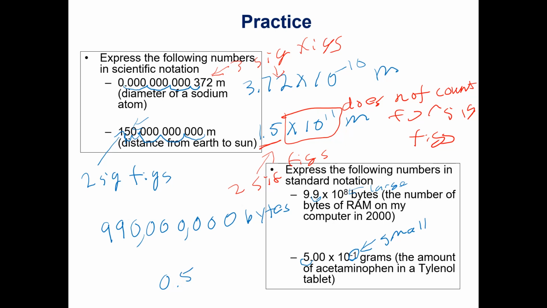Now in this case, I have a decimal here. So those trailing zeros are significant. This has 3 sig figs, which means that I have to keep the sig figs when I take it out of scientific notation. So this would be 0.500 grams.